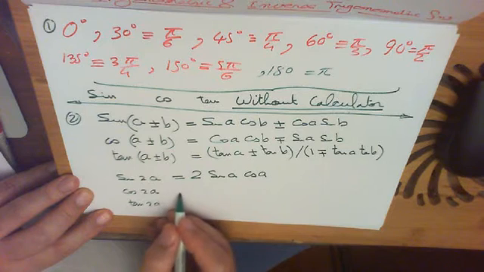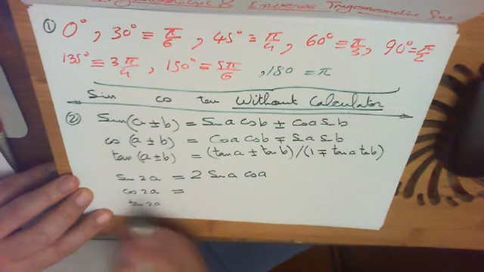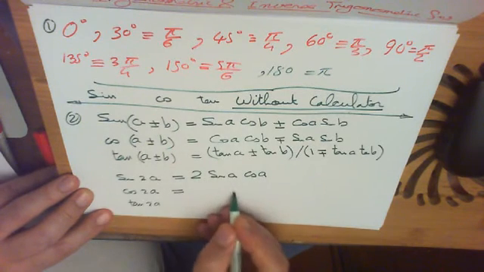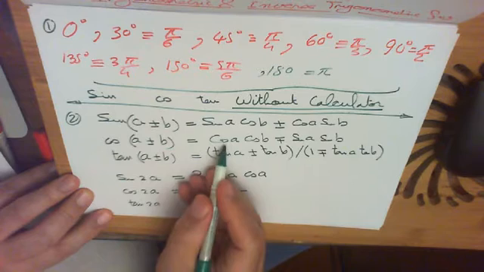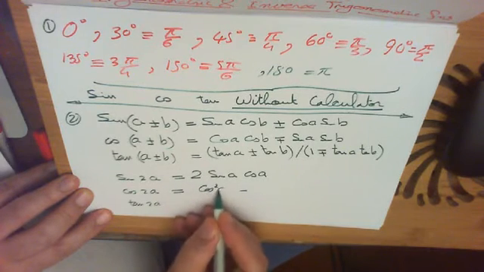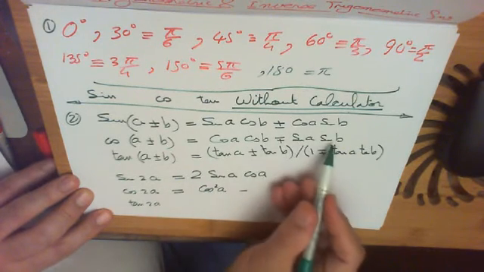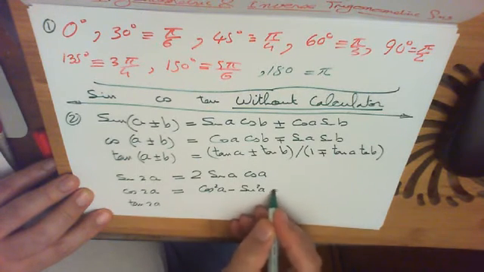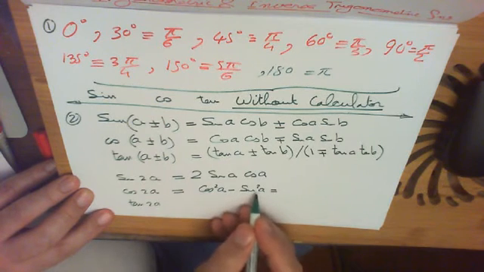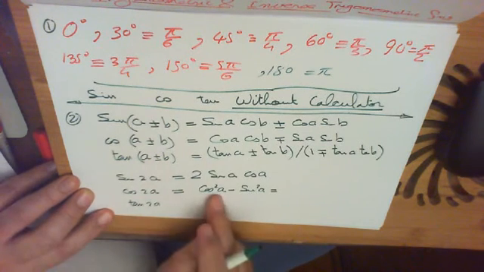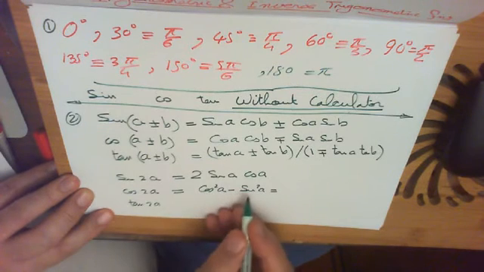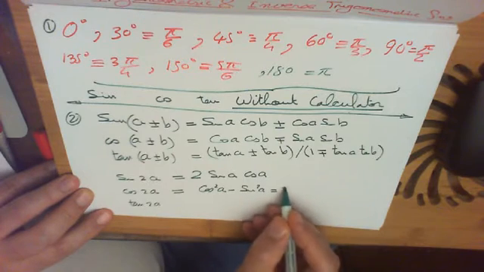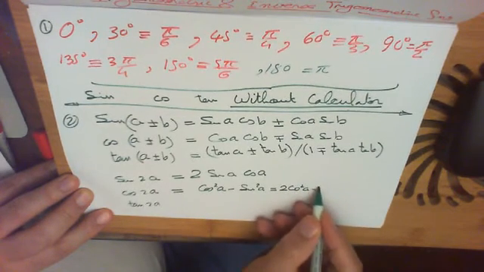In case of cosine, we have three relations. In this case, A equals B, and we have the plus sign, so we have the minus sign: cosine 2A is cosine squared A minus sine squared A. But we have cosine squared plus sine squared is 1, the golden rule. So we can replace sine squared by 1 minus cosine squared to have 2 cosine squared A minus 1.